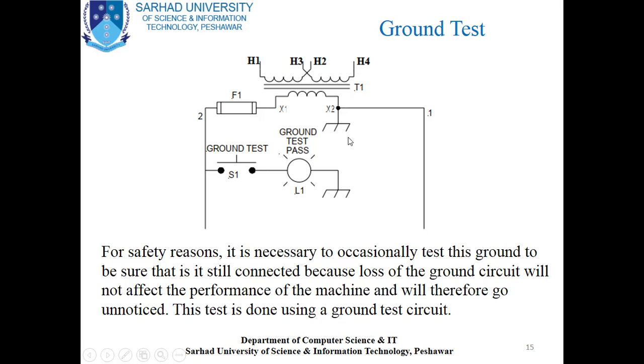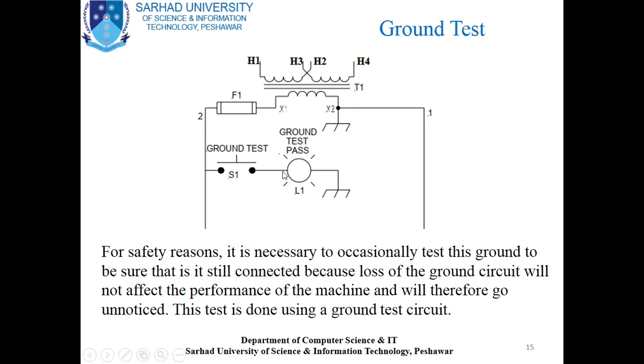This is an example of a ground test, showing how we check the ground. Here we have connected lamp 1 and a switch, and this switch is the ground test switch. Here you can see the control transformer and fuse. The fuse is connected in series with the control transformer. The power will come and pass through the fuse, and from this direction it will go.